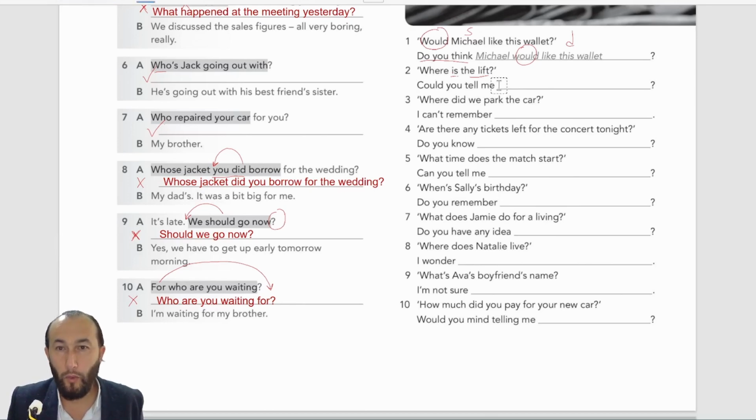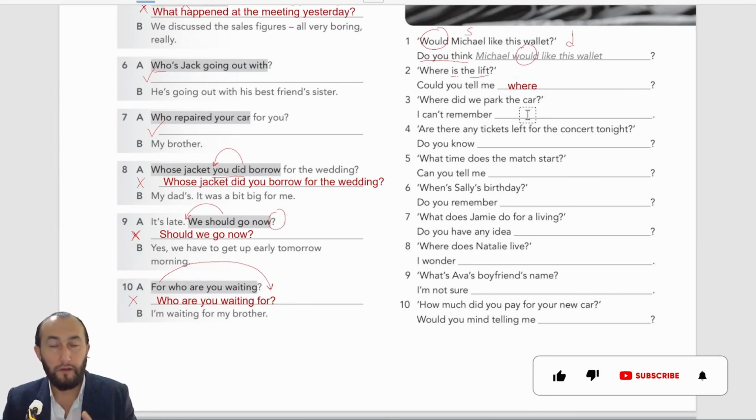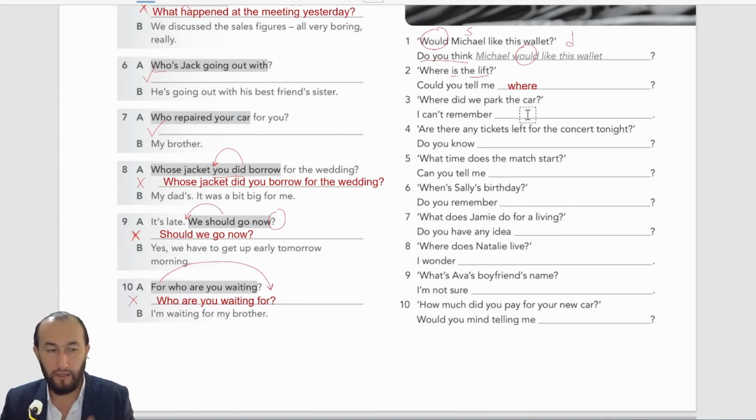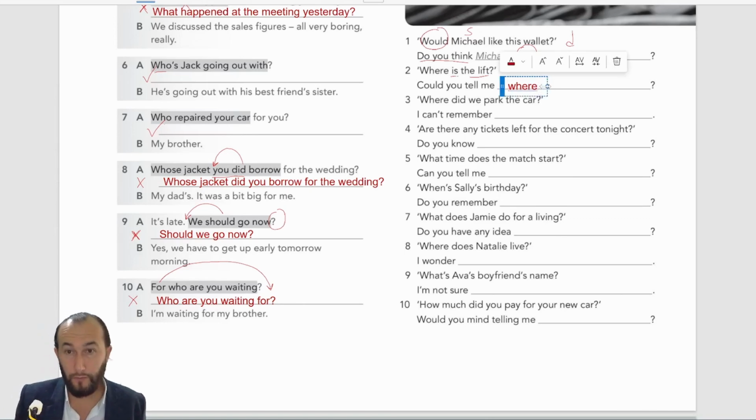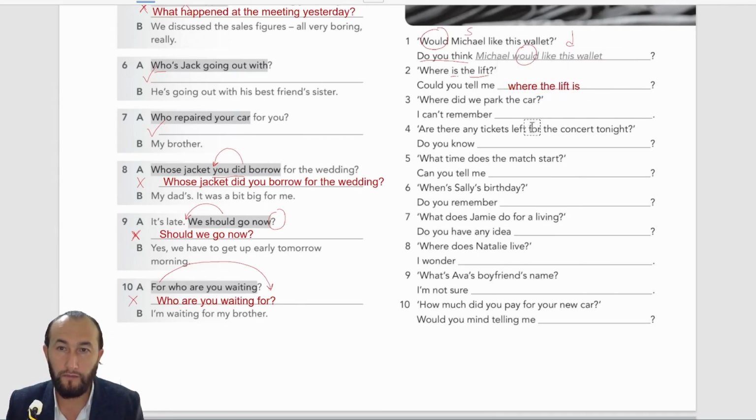Could you tell me where, and then is the lift? We should change to the lift is, because usually the normal structure is the lift is there, right? So here, where the lift is. Could you tell me where the lift is?